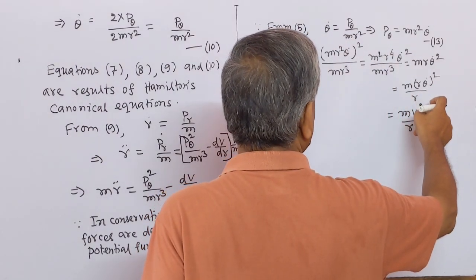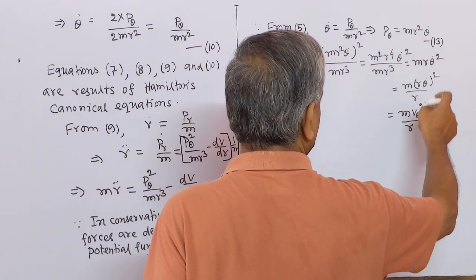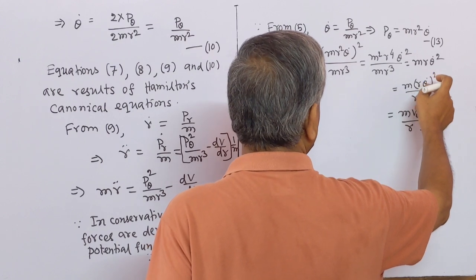This V theta is transverse velocity. Transverse velocity is r theta dot.